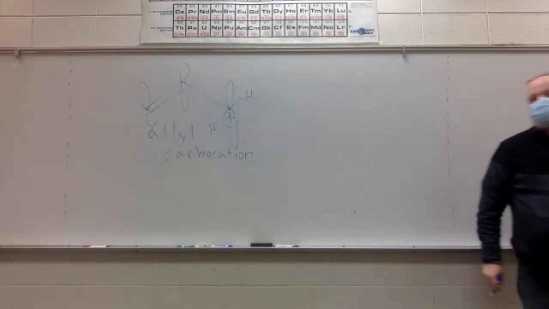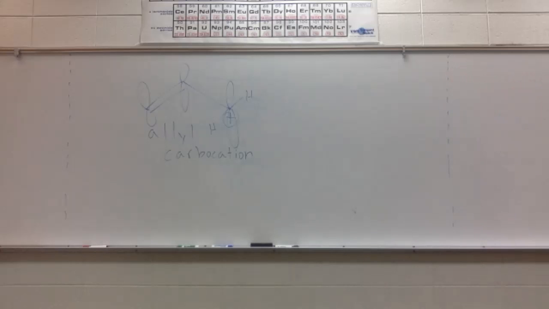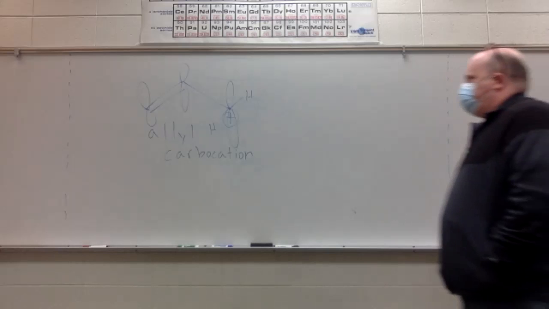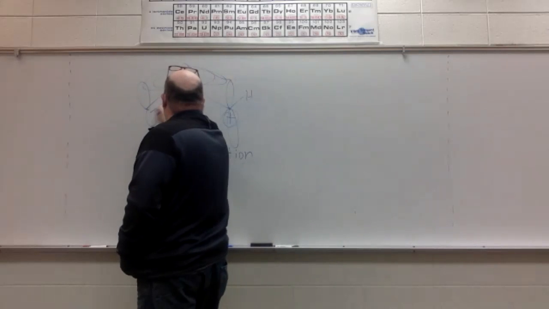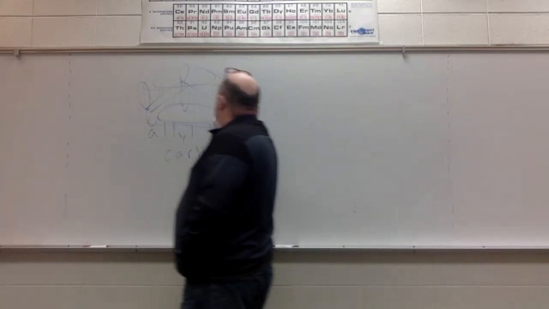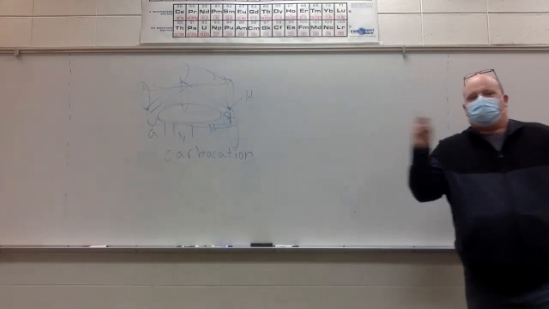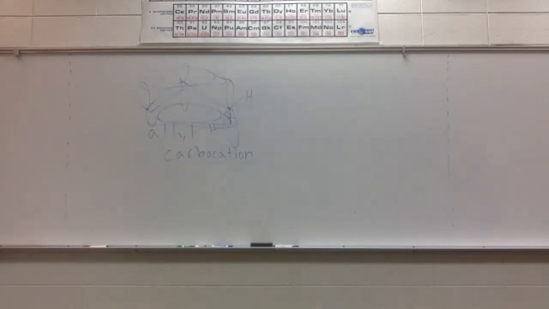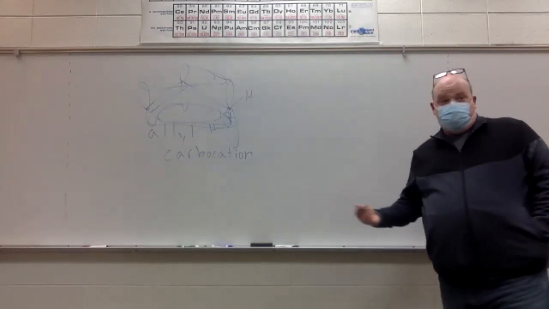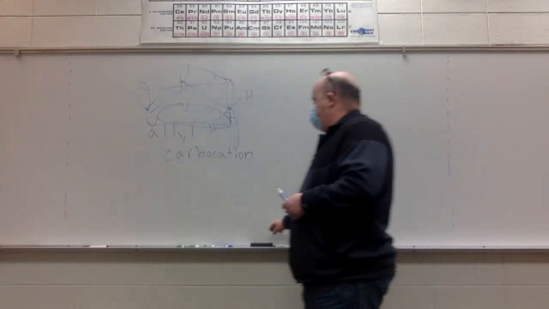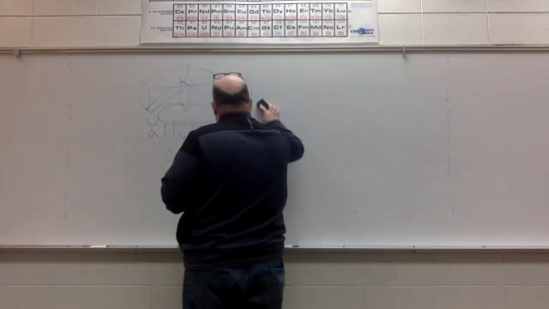And as you can see, we have our 3 consecutive p orbitals. It's kind of messy once you draw all the little overlapping circles. But those electrons can freely move anywhere between those 3 atoms. So allyl carbocations are very much stabilized.